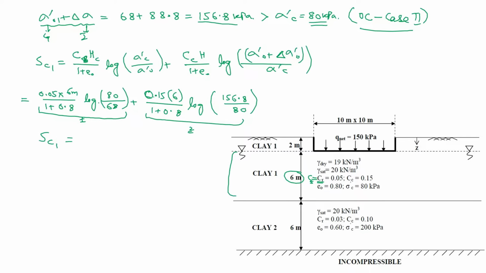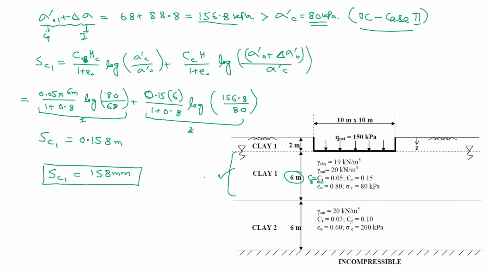So we will calculate these parts and we will add them. We will get an answer that will be 0.158 meters, or if we multiply this answer by 1000, it will be 158 millimeters. So this is the consolidation settlement of clay layer 1.